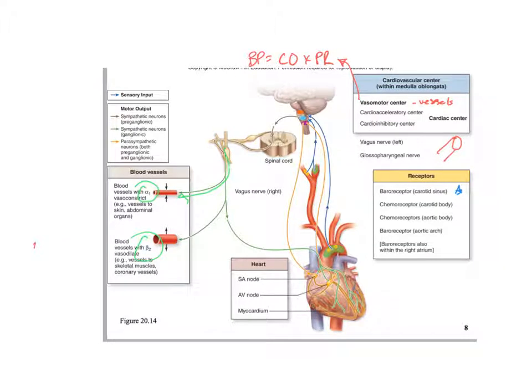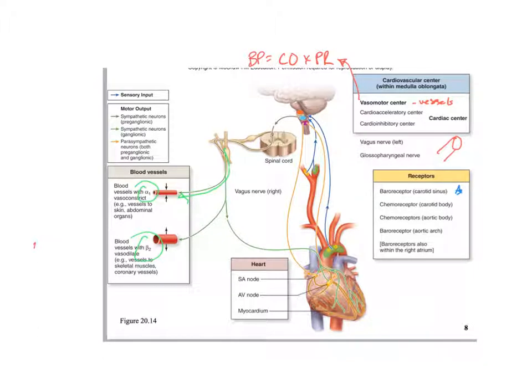Where does the carotid artery go? It supplies blood to the brain. Is the brain pretty important? Absolutely. Does the body want to make sure that blood is going to the brain? Yes.